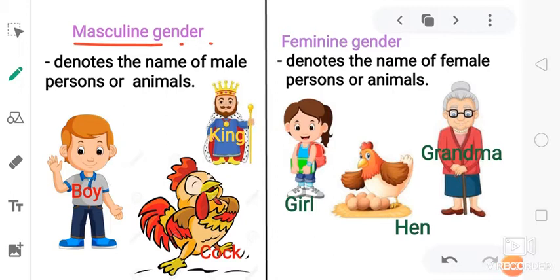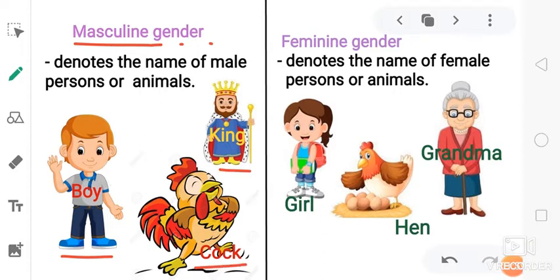It denotes the name of male persons or animals. All the words related to male persons or animals are known as masculine gender. Example: boy, king, cock.